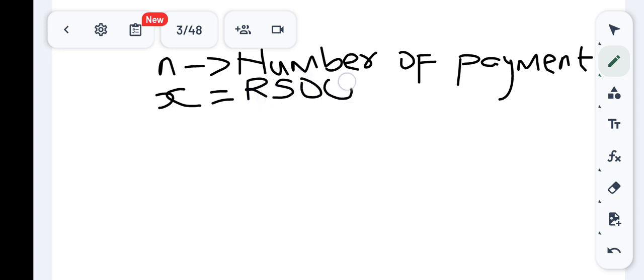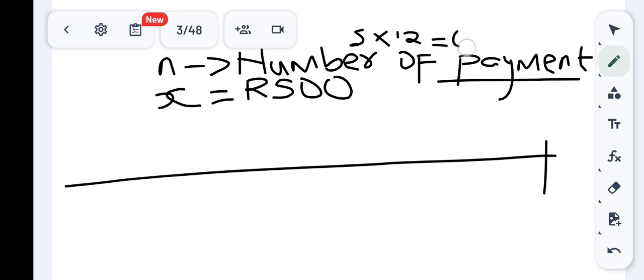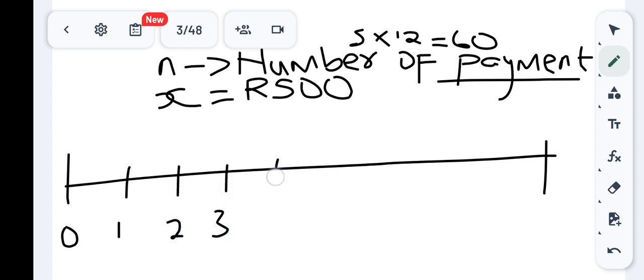I want to represent this in a timeline so that you can understand the number of payments in this case. So here is my timeline, and I just said 5 years, compounded monthly. It means I'll multiply that 5 by 12, and this will be 60. So here's my timeline: 0, 1, 2, 3, 4, and so on, up until 60.